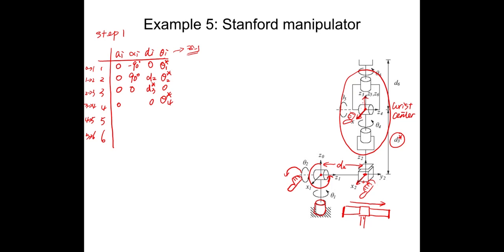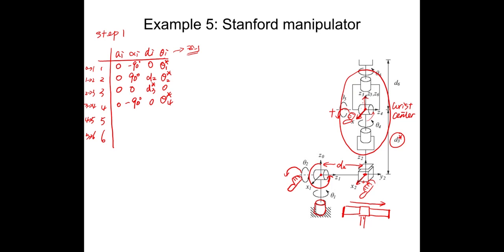Here all these frames share the same x, which is already marked here. So I have my right hand pointing in the x4 direction, and then I consider the rotation from z3 to z4. This direction is positive, and it seems like we need 270 to rotate z3 to z4. So my alpha_i is negative 90 in this case.